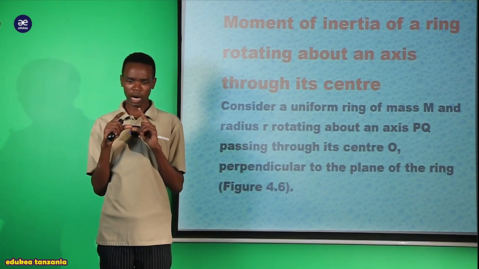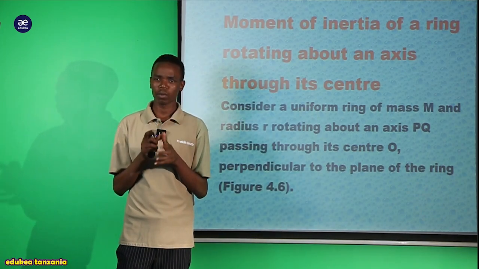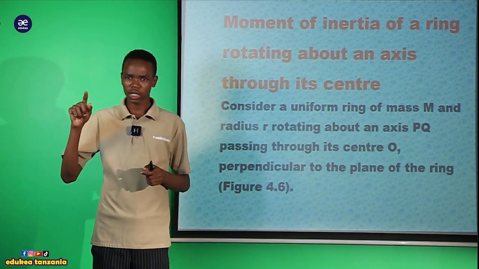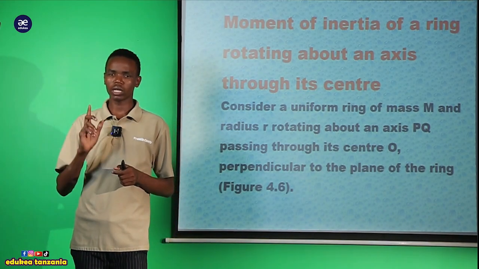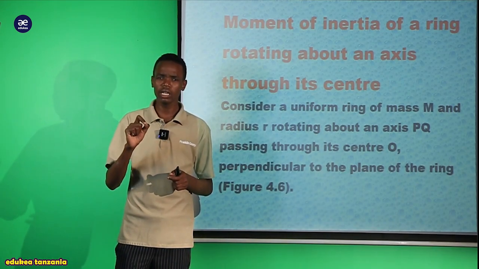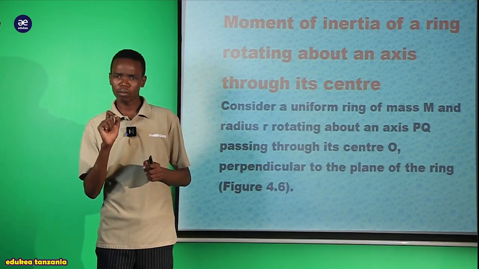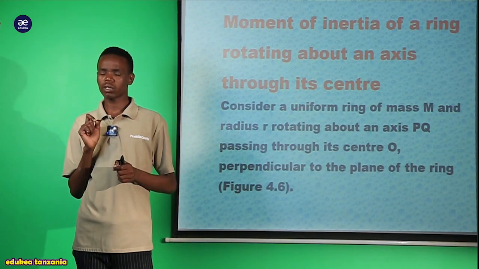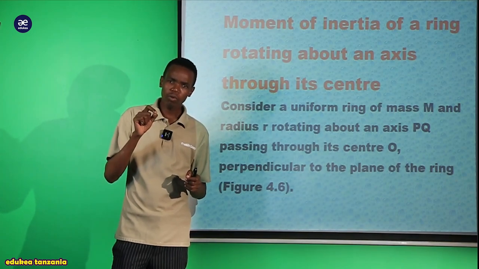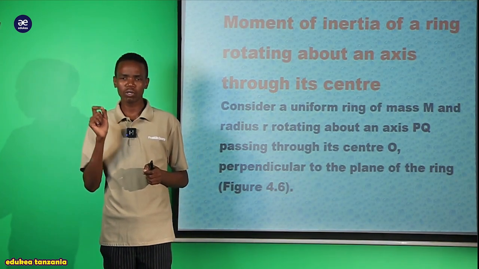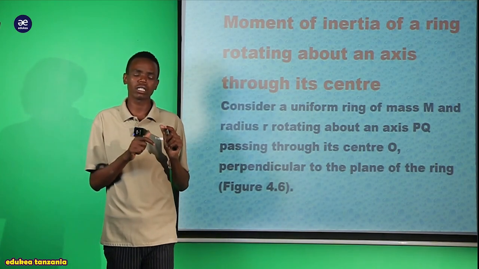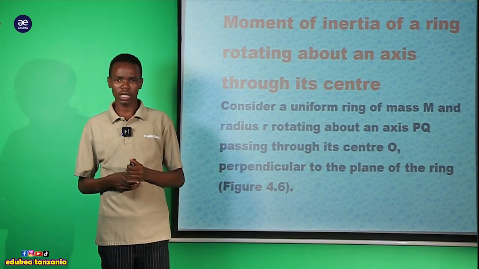Imagine we have the uniform ring, and that uniform ring, my dear student, tries to rotate about an axis through the center. It contains the distance from the center to any point where the particles are located inside the ring. It forms the distance, the radius, that is exact between them. It also contains the mass of the ring. That is what we try to observe.